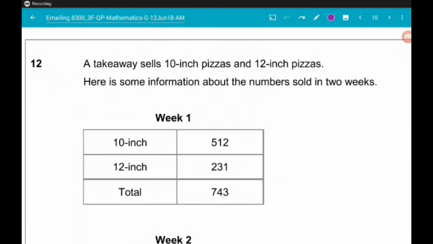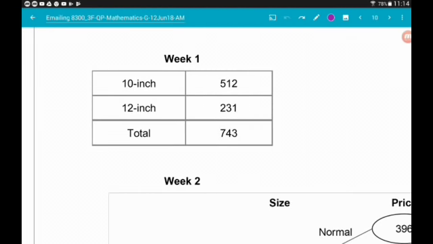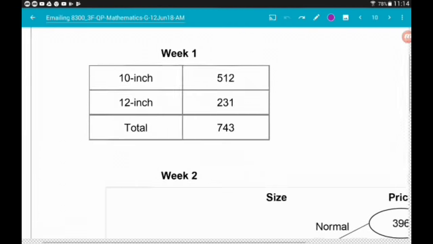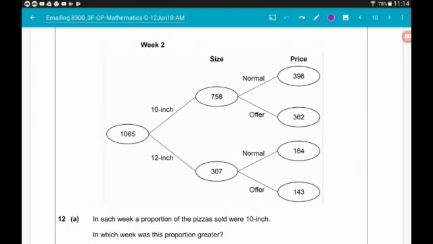Question 12 is all about pizza. What more could we want? So a takeaway sells 10-inch pizzas and 12-inch pizzas. We've got information about the number of pizzas sold over 2 weeks. So in week 1, our info is in a table, and for week 2, we've got a lovely frequency tree.